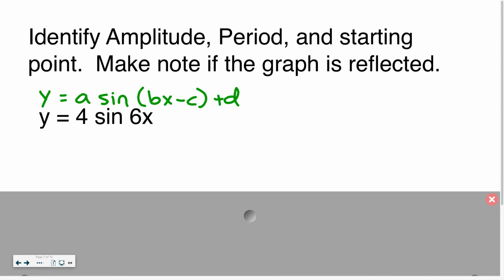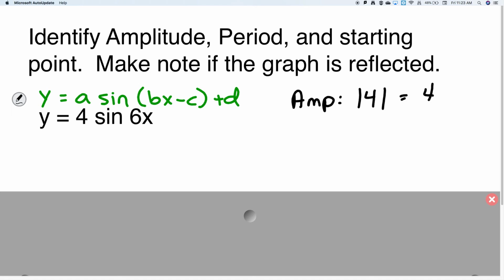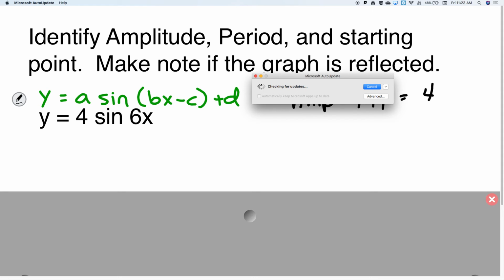So now I'm ready to go for amplitude, period, and starting point. Okay, amplitude. For the sake of my notes, I'm going to say it's the absolute value of A or the absolute value of 4. That is 4. I'm going to guess most of you probably don't need to write down the absolute value part, right? But you would want to be really careful if that were negative, that you give me the positive value.